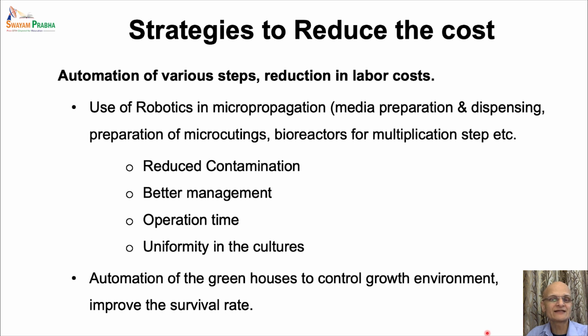In the recent years, there are significant developments towards the automation of the various steps of micropropagation. Use of bioreactors for the multiplication step is being optimized, and significant advances have been made in this direction.